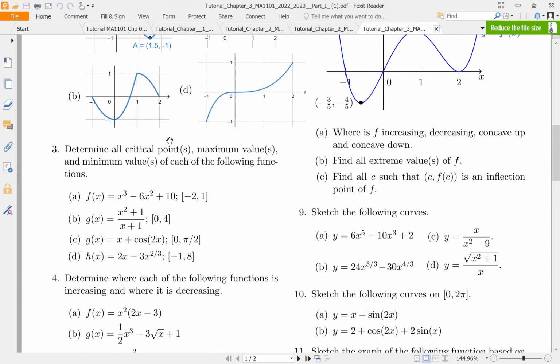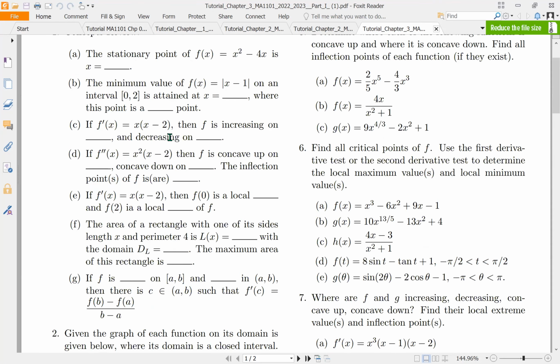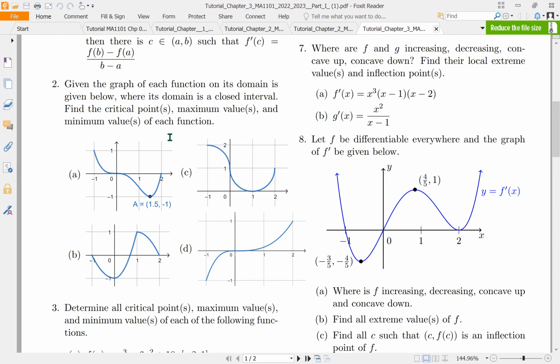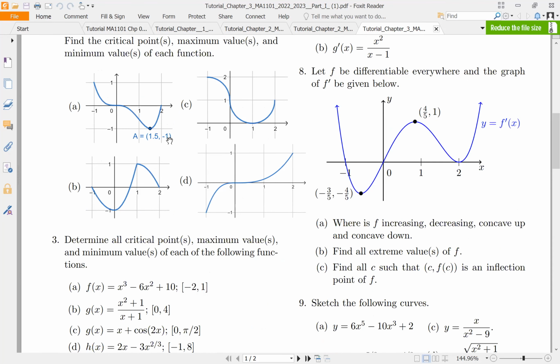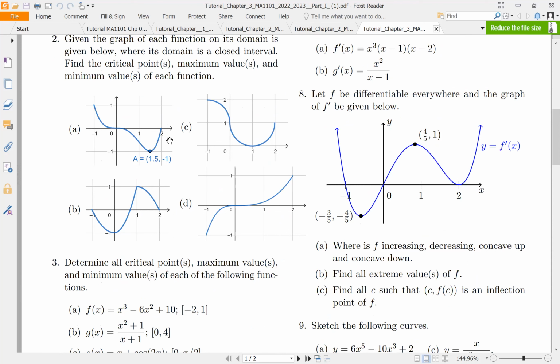Another one will be the question of number 8, for example. Suppose that the function is differentiable everywhere, and the graph of its derivative is given. You have to know the relation between the sign of the first derivative, the sign of f', and the monotonicity of f.